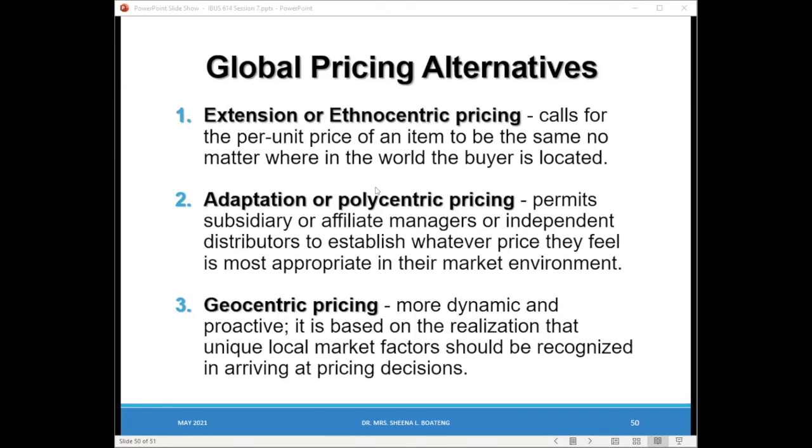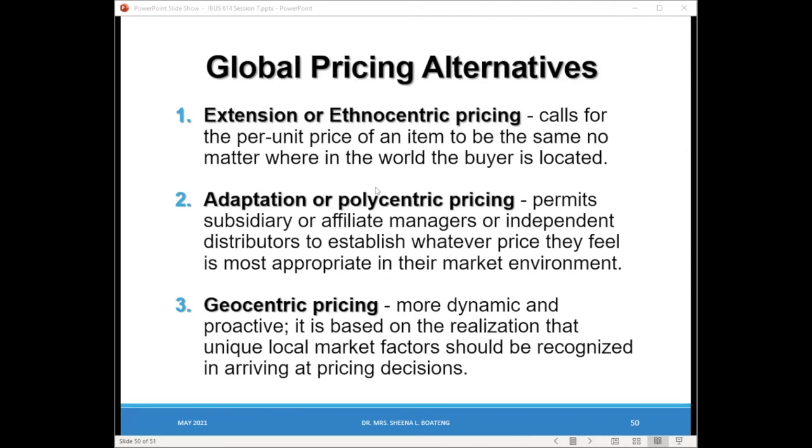So they would look at the local market conditions and let those determine the price of the product or service charged to buyers in these foreign markets. So the various pricing decisions are made in line with the firm's approach to pricing, be it ethnocentric, polycentric, or geocentric.